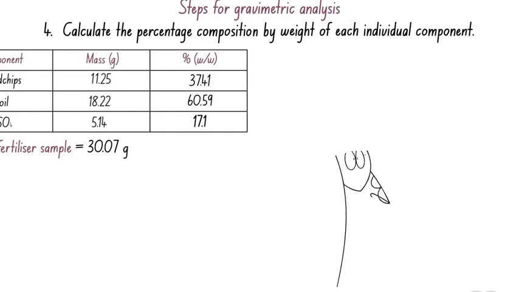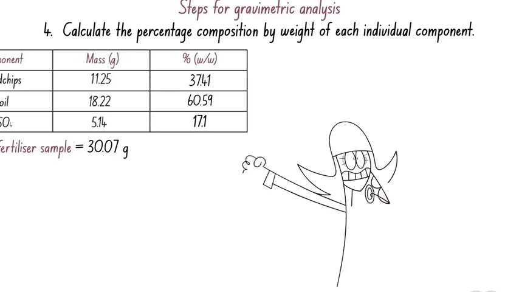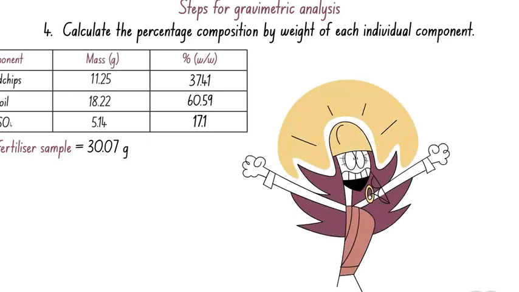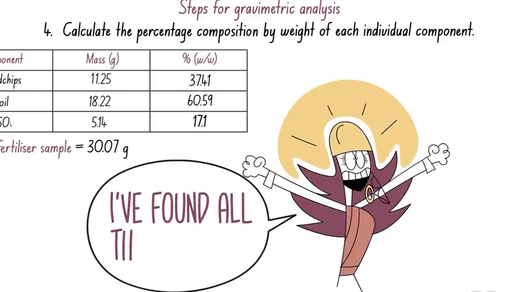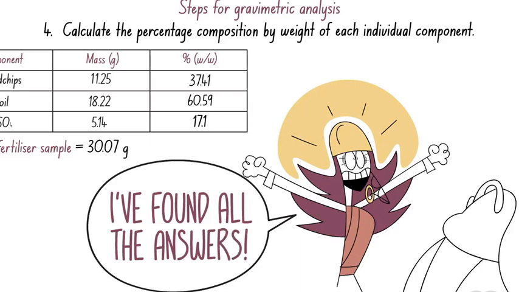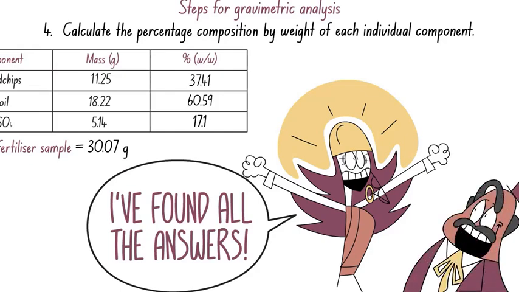Finally, she can tell Senor Ortega that the percentage composition by weight of the fertiliser is 37.41% wood chips, 60.59% soil, and 17.1% potassium sulfate. This is exactly what he ordered. He is so relieved that he gives the pirates another barrel of cocoa beans. They'll be drinking hot chocolate for months.